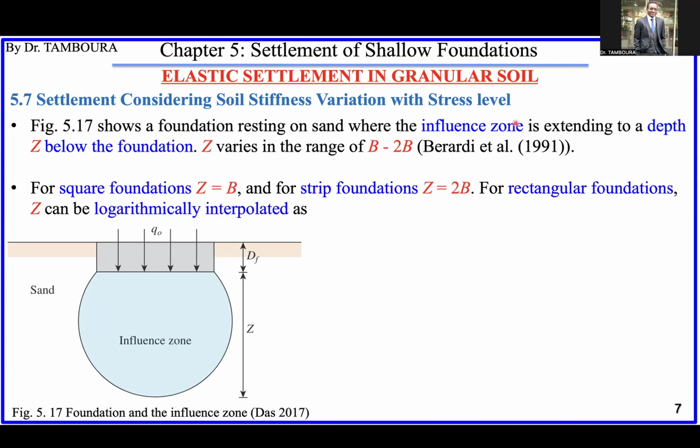For square foundation, we will have approximately 1 times B. For strip footing, about twice B. And for rectangular foundation, we can do some kind of logarithmic interpolation between this one and this one, because strip foundation and rectangular may have the same shape, except that for the strip foundation, the continuous foundation, the length of the foundation is large compared to the width.